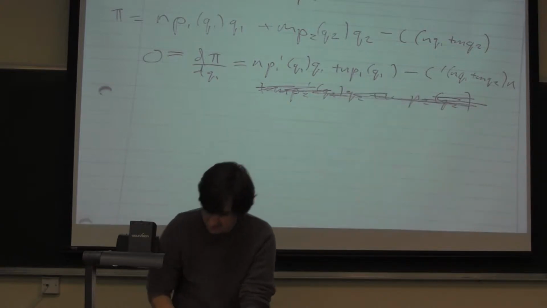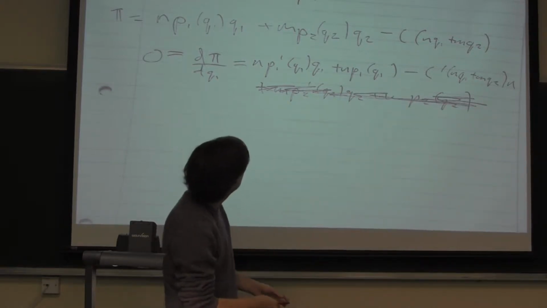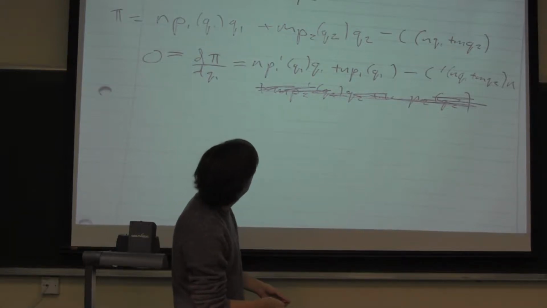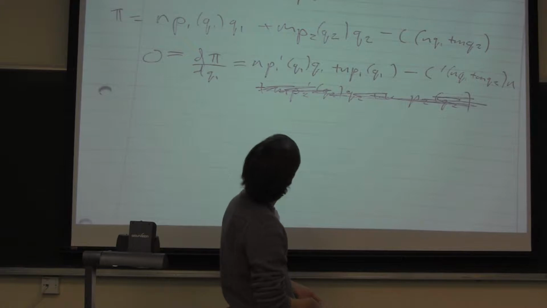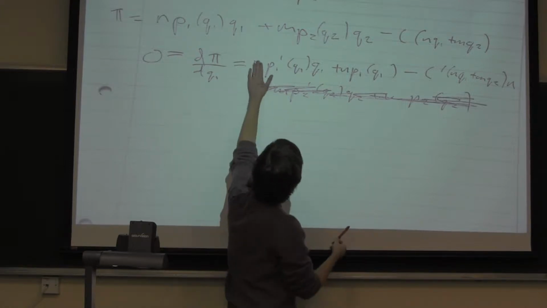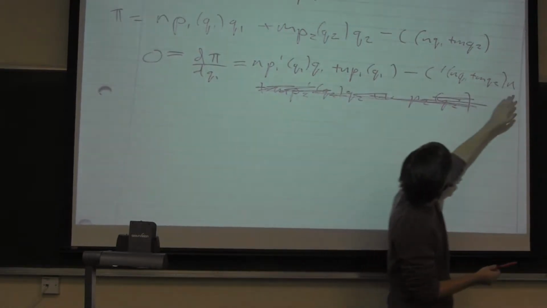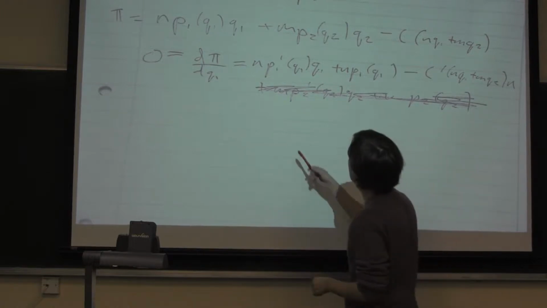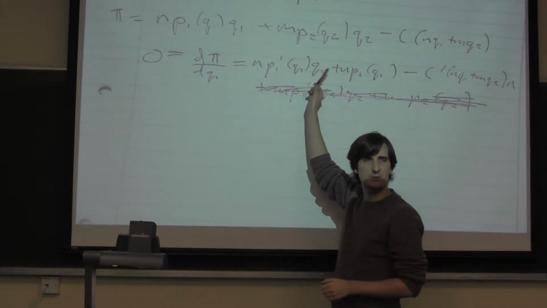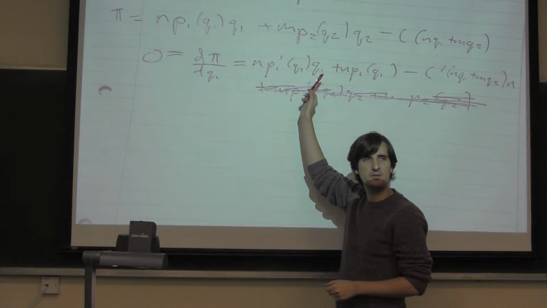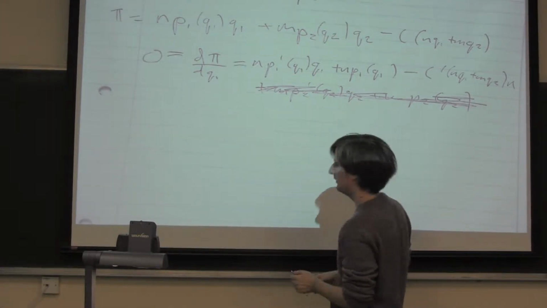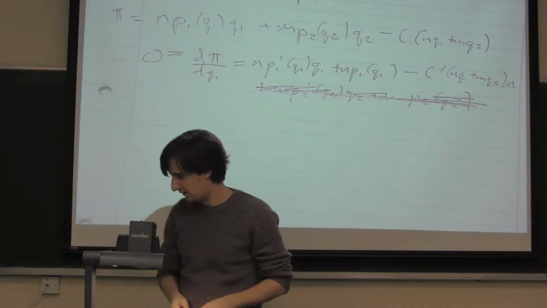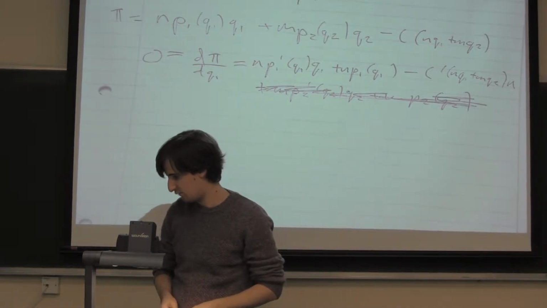So then, if we divide through by n, the n's cancel out. So you get marginal revenue from selling to one type of consumer is equal to marginal cost. That's right.